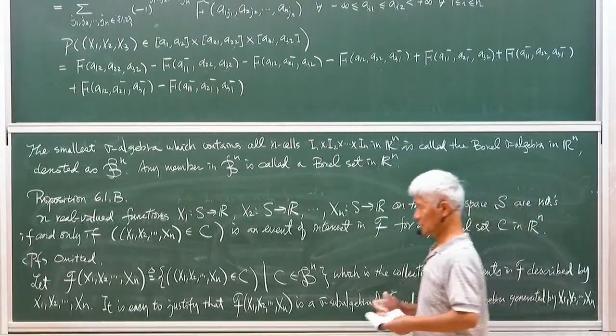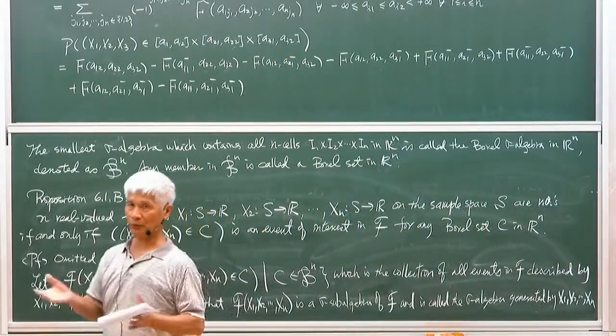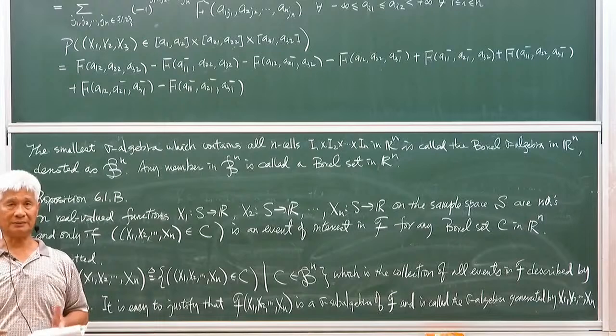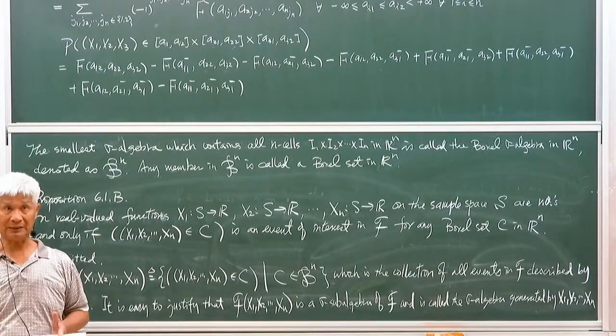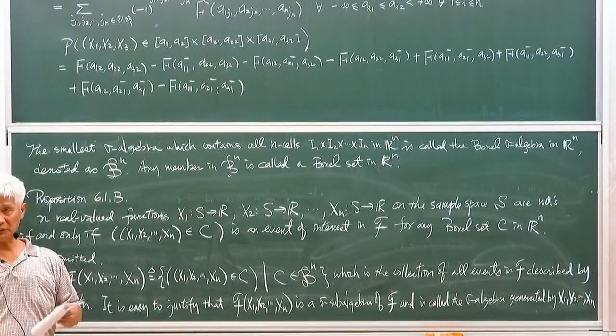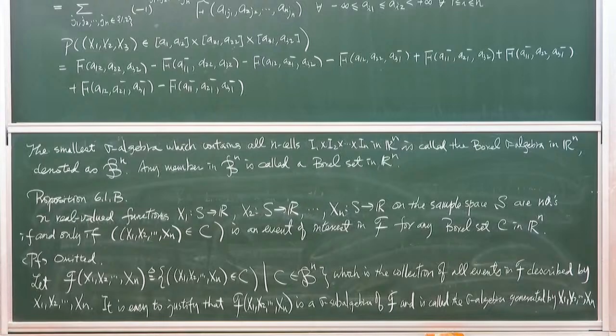So the very basic Borel sets will be n-cells in Rn, and we use these n-cells to do set operations like complement, union, and intersection. But the total number of set operations will be countable.